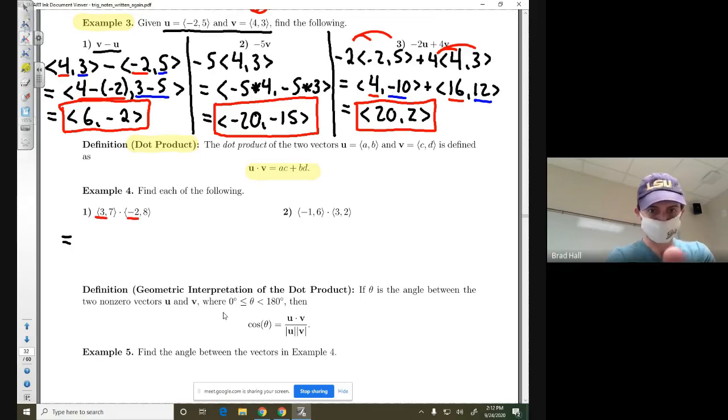It's 3 times negative 2. Now when I use the dot in this sense, it's not referring to vectors, it's referring to a product of whole numbers plus the product of the second two. So really this is just standard arithmetic. So what is that? That's negative 6 plus, so it's 50.